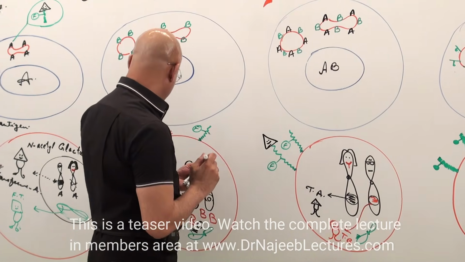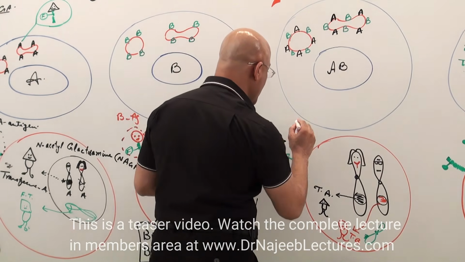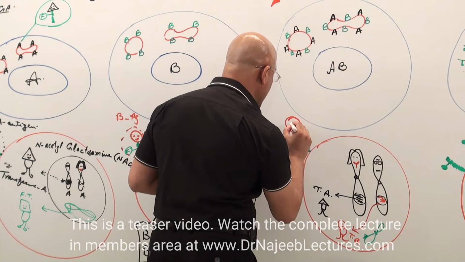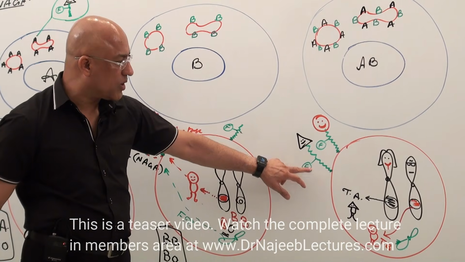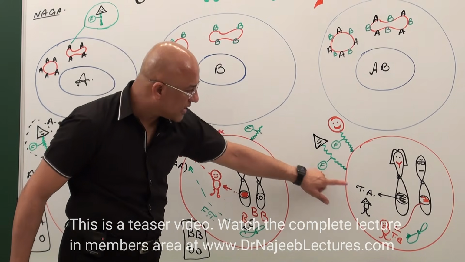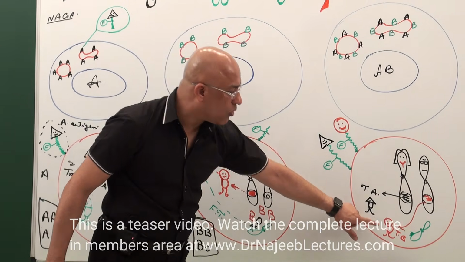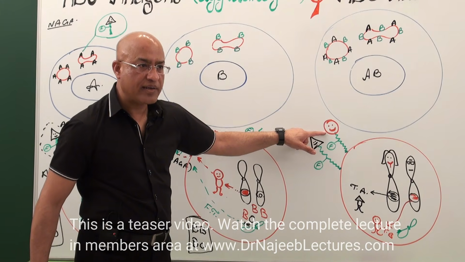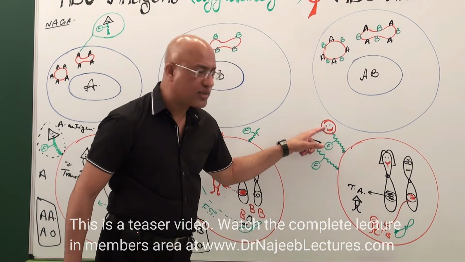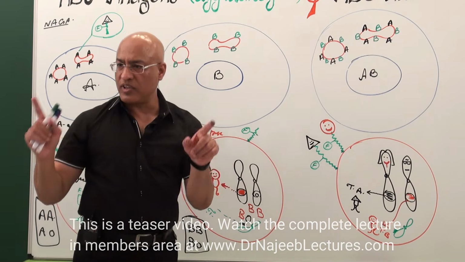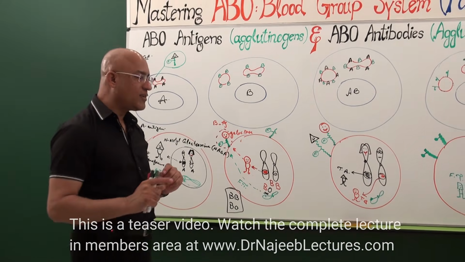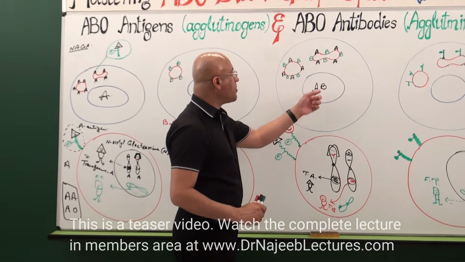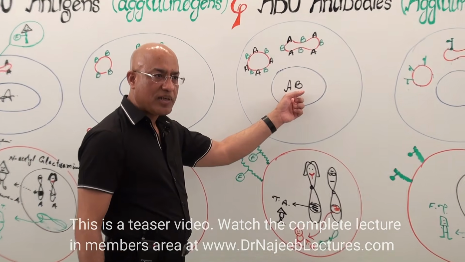Some H molecules will be converted into antigen A by this action, and other H molecules will be converted into antigen B by these actions. So my red blood cells will have both kinds of molecules, A antigens as well as B antigens, and my blood group will be AB.